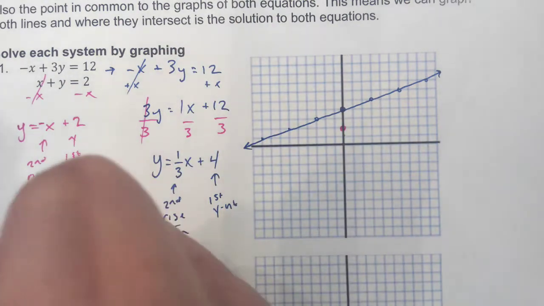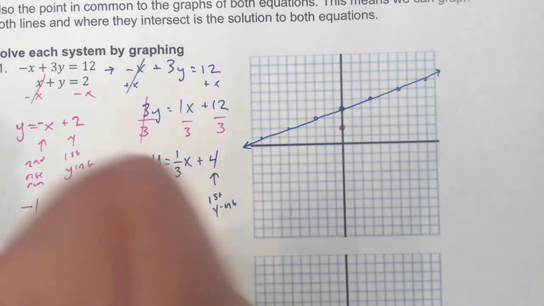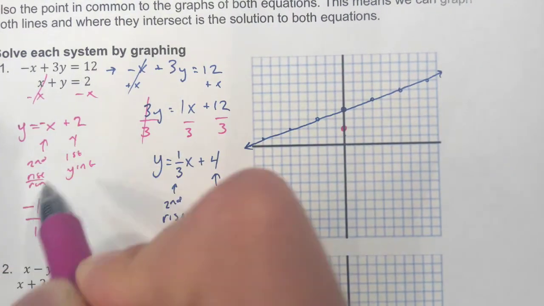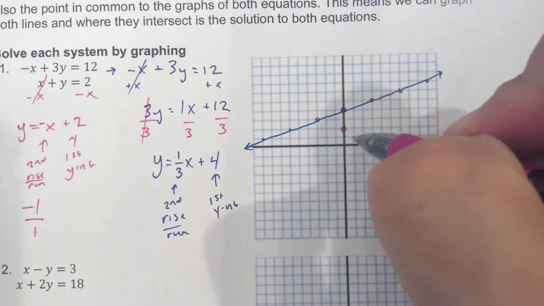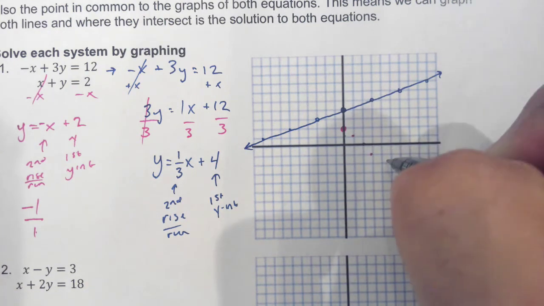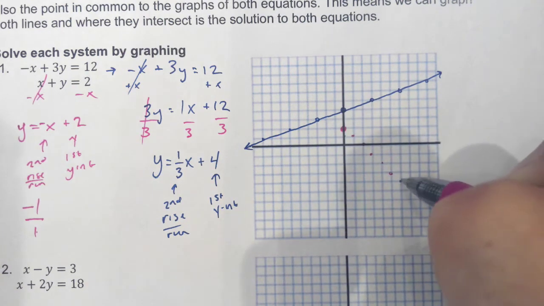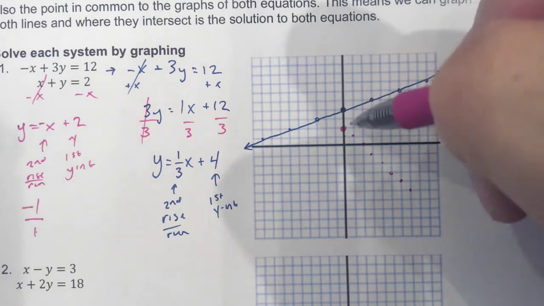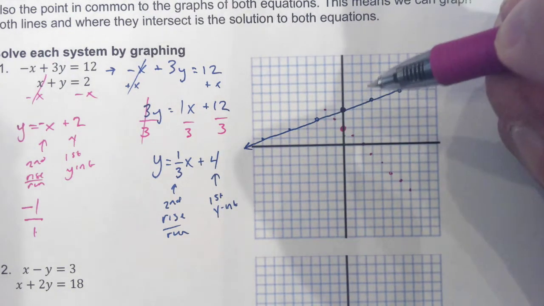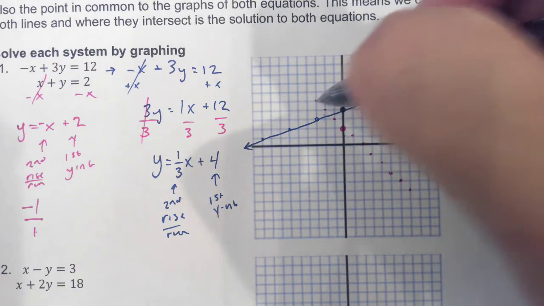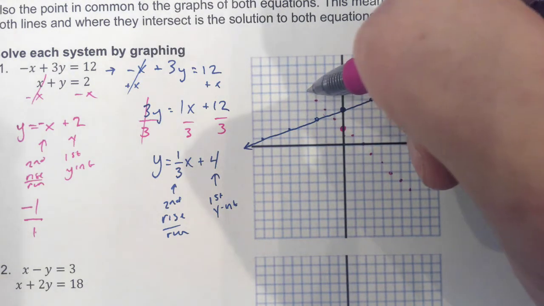Remember, if there's not a number in front, it is 1, and you can put any whole number over 1. So you always make it a fraction. So that's saying to go down 1, right 1, repeated from this point. Or up 1, left 1, repeated.